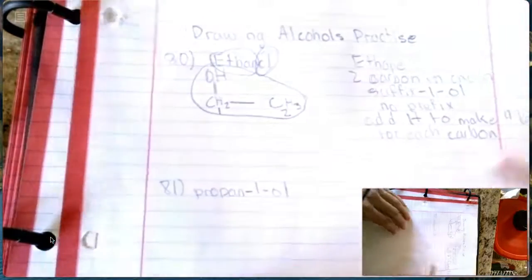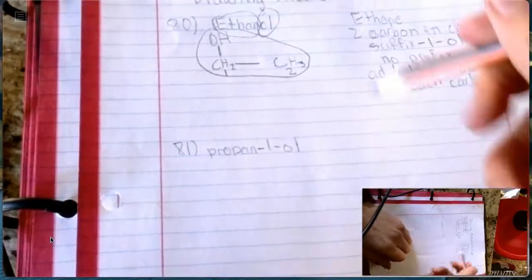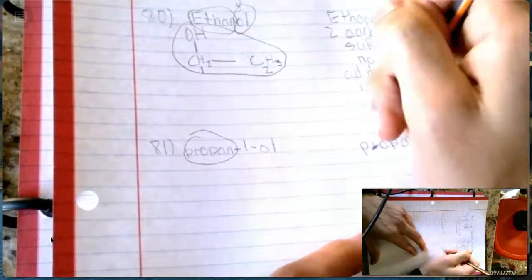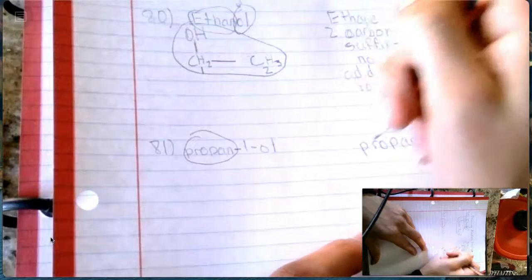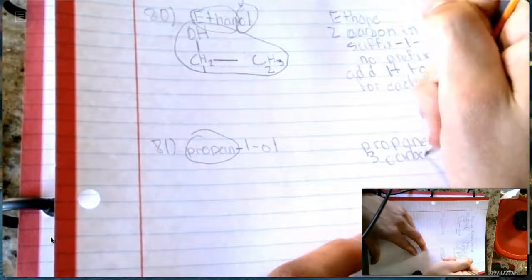So the next question for 81 is going to be propane-1-ol. And once again, we want to do the first step, which is identifying our root, which is propane. Since we know propane is made up of 3 carbons, we know there are going to be 3 carbons in our chain.